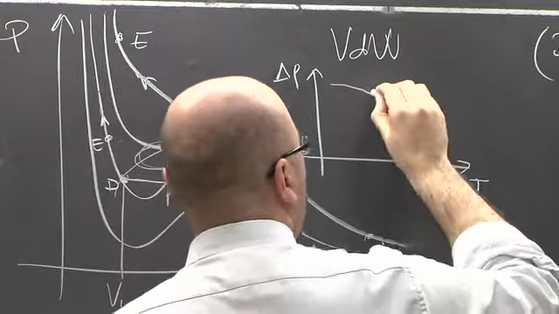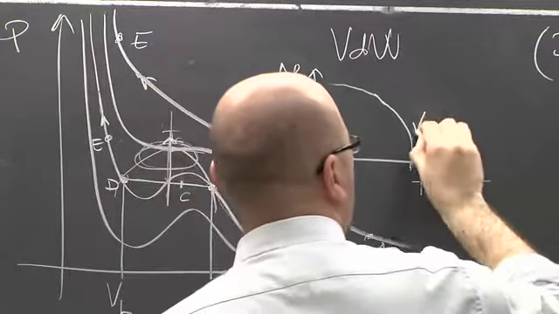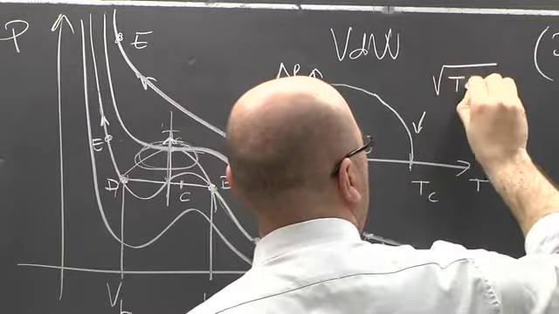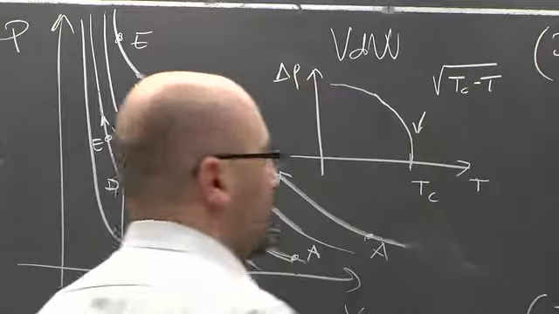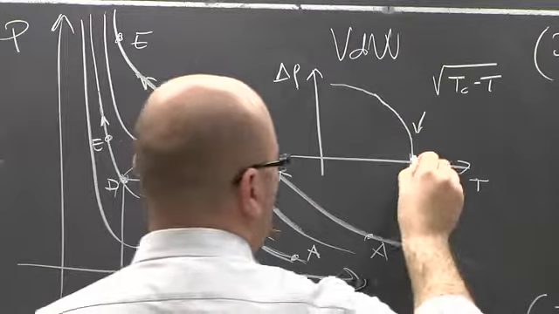It goes to 0 at T critical, like a square root, with the coefficient in front, which is not important, and then stays 0.